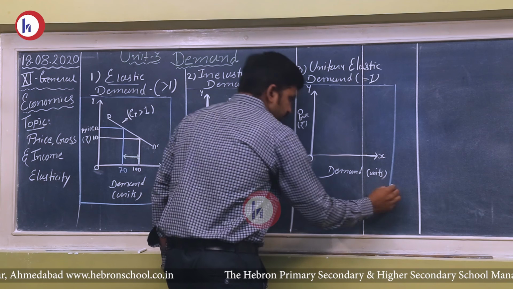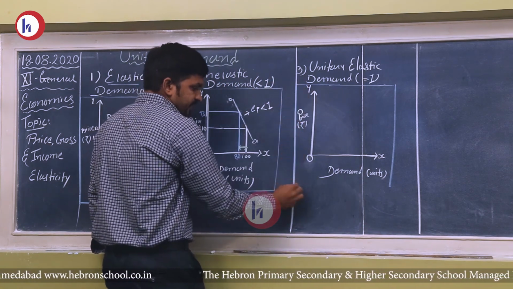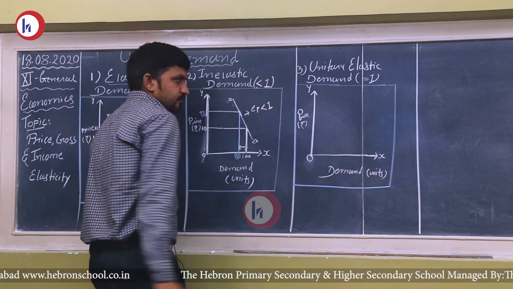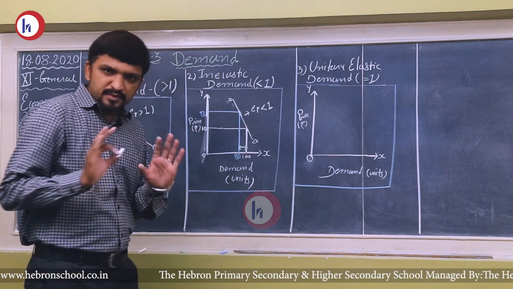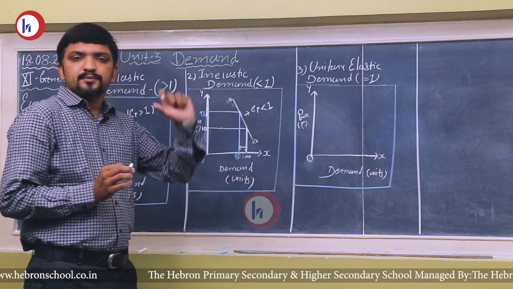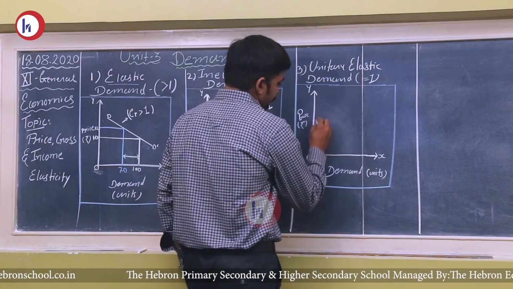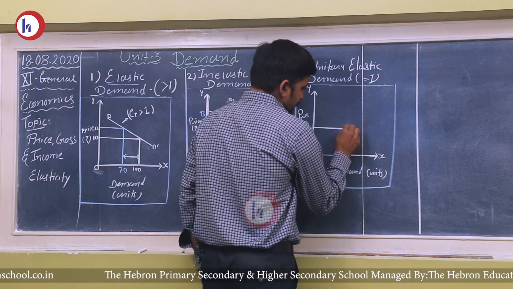After the completion of your figure, or when you complete your x and y axis, we'll draw a box. Our base will be same, that is price 10, demand 100, no change in the base value.